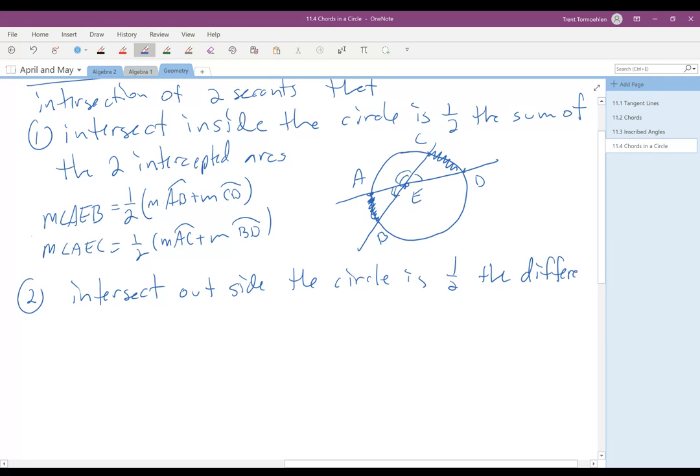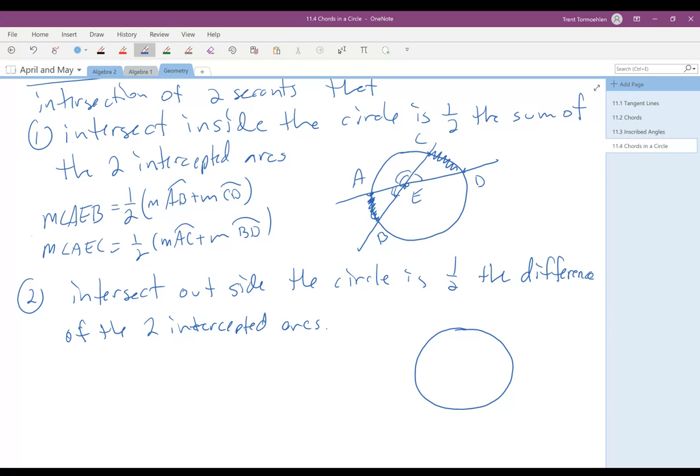Inside the circle is sum, outside the circle is difference, of the two intercepted arcs. Remember, intercepted means the arcs in between the angle. So our two lines that we draw don't intersect on the circle, they don't intersect inside the circle, they intersect outside the circle.